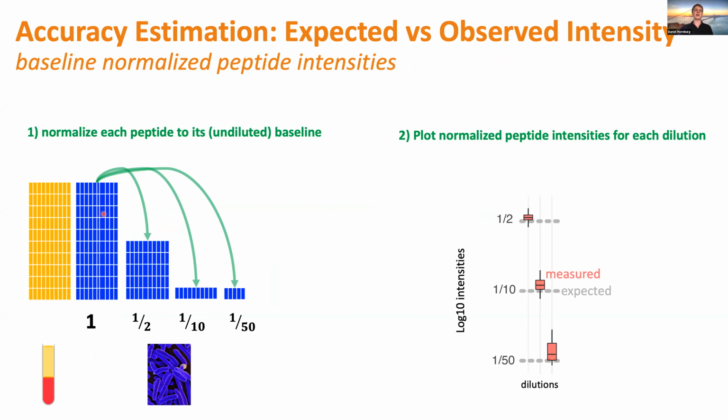So each of the peptides was matched to its corresponding peptide in the one-to-one. What we would expect is shown here on the right-hand side. The box plot should always be on the dotted line for the respective dilutions, and also the width of the box plot should be very small, which is a proxy for the precision, again, something that we have looked at in the previous slides.